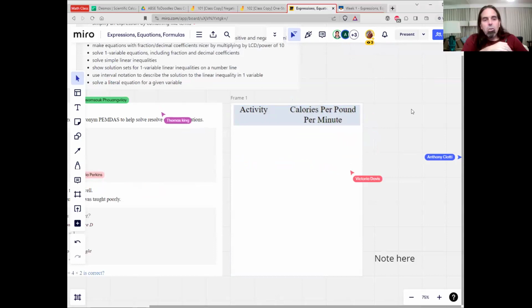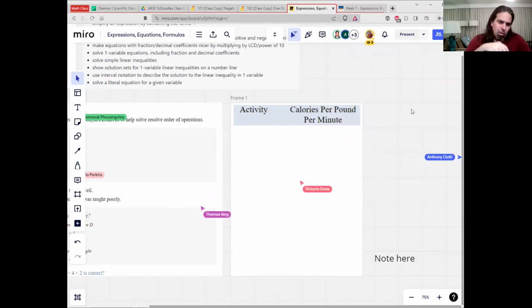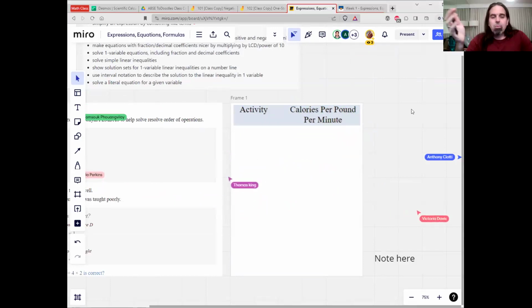Okay, so if I exercise, I burn energy. And the table I'm about to make is not going to be accurate. If I say, how many calories do I burn when walking? I'm just estimating. How fast am I walking?